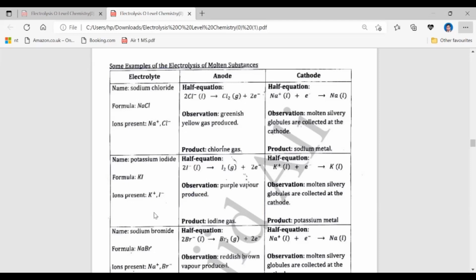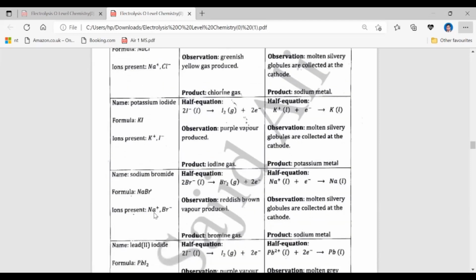No, sir. Okay. Now let's take another example, sodium bromide. It's also a binary compound consisting of only sodium and bromine. When it is melted, it will have Na plus and Br negative ions in its molten state. During electrolysis, bromide ions will move towards the anode where they lose electrons to make bromine.